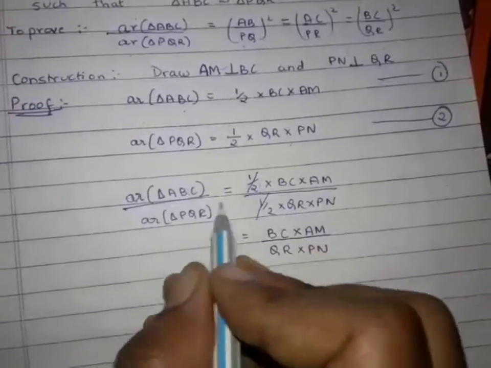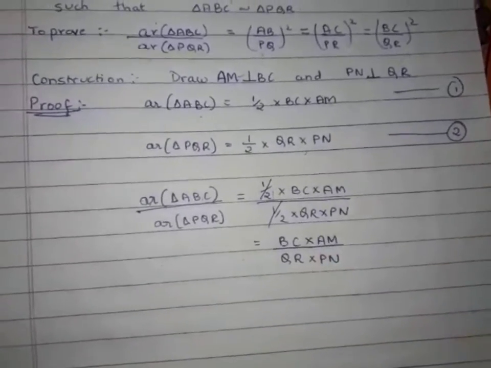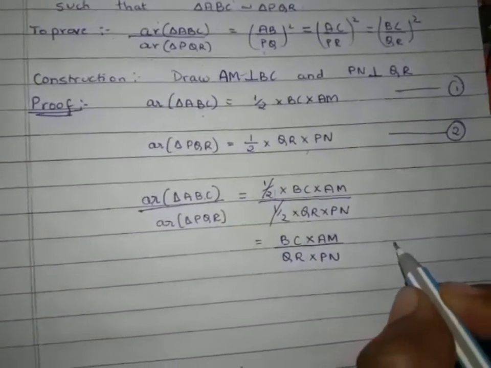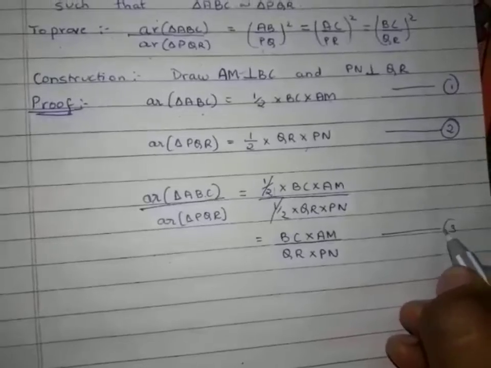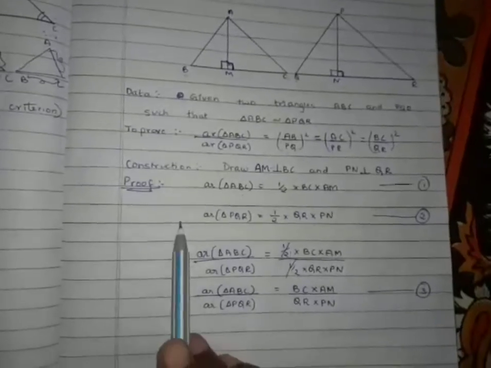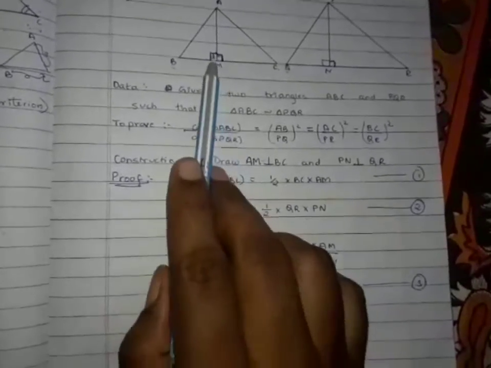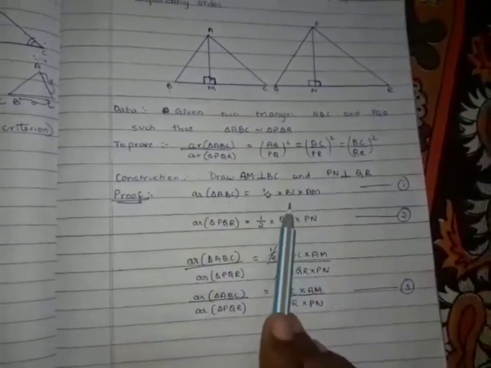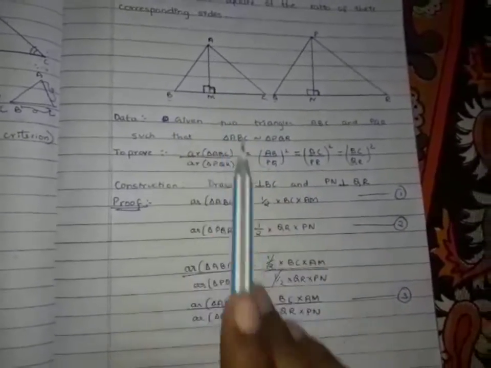So the area of triangle ABC by area of triangle PQR is equal to BC into AM divided by QR into PN. Let us consider this as equation 3. So what did we do in the beginning? We considered the area of the two triangles. Area of triangle ABC is equal to half into BC into AM.